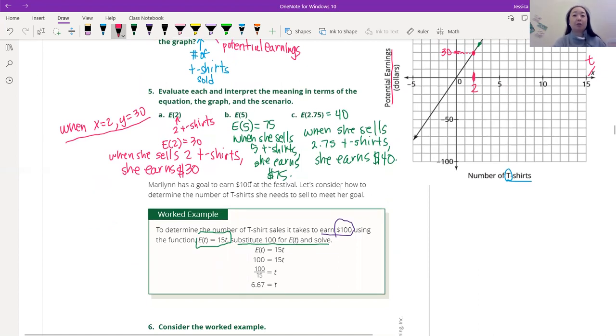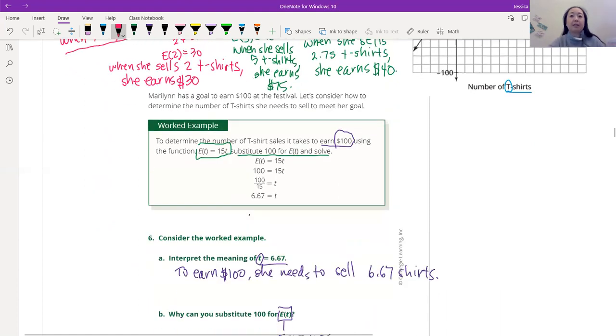So it says right here, Marilyn has a goal to earn 100 bucks at the festival. Let's consider how to determine the number of t-shirts she needs to sell to meet her goal. To determine the number of t-shirt sales it takes to earn $100 using the function, we substitute 100 for E of t.